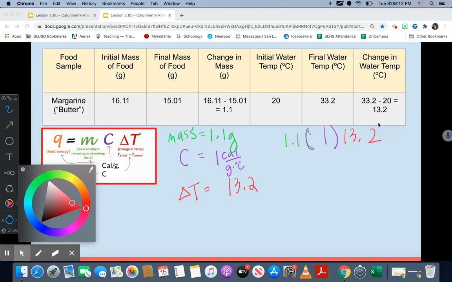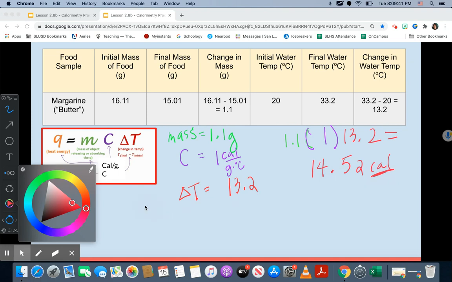So when I calculate all those things in my handy dandy calculator, I will get 14.52 lowercase calories. Remember I mentioned at the end of the last video that this is not what you see in the nutrition facts. This is actually much smaller than the calories we see in the nutrition facts.